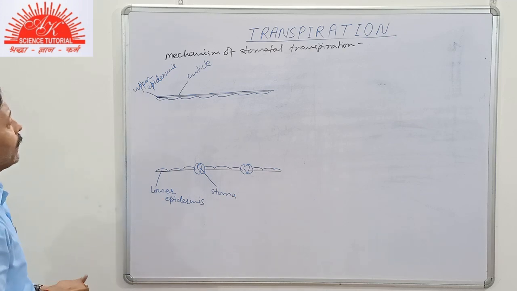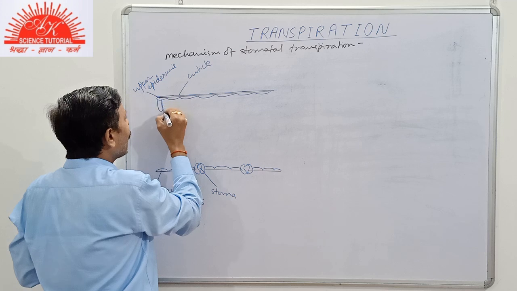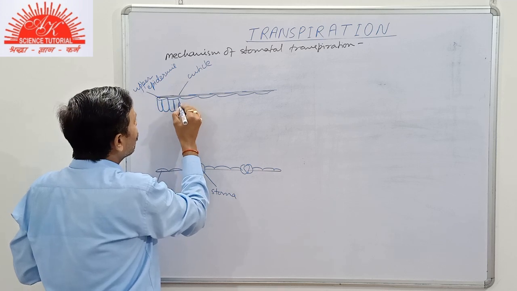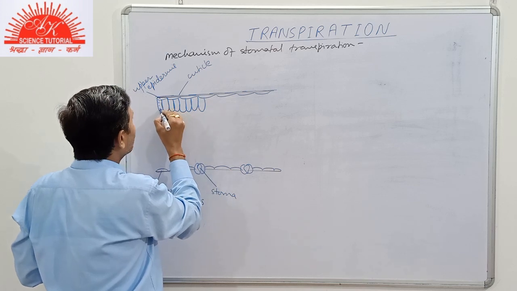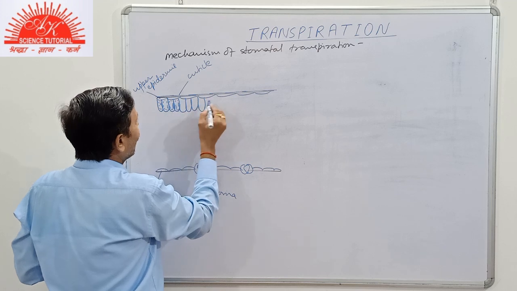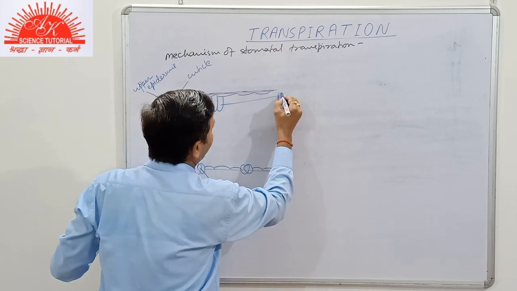Now we see that below this upper epidermis there are tall pillar-like cells at right angle to the upper epidermis containing a large number of chloroplasts, and these cells are called palisade.